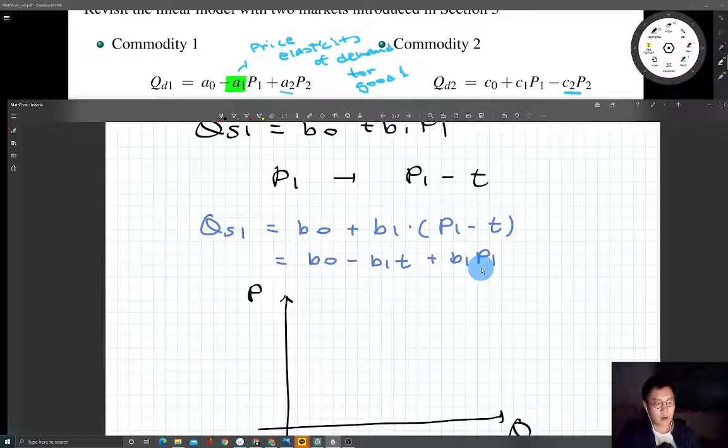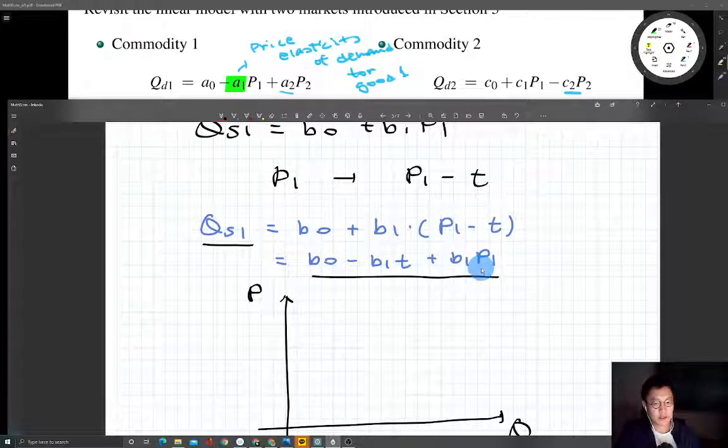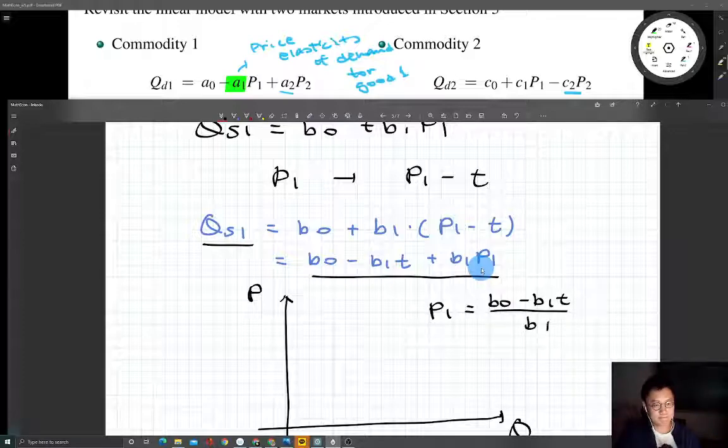Okay, so if we solve this equation for p1, then p1 is going to be (b0 minus b1t) divided by b1, plus qs1 over b1.